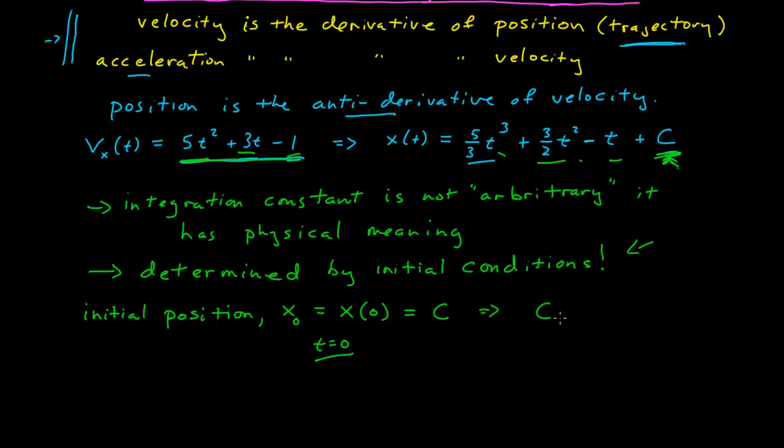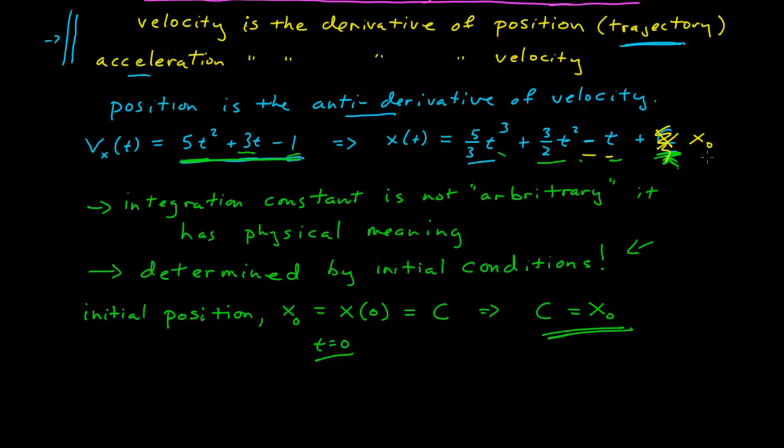Therefore, this constant is not arbitrary, it is the initial position. And so that's how we found out what c is. Our final answer then is 5/3 t cubed plus 3/2 t squared minus t plus x naught, our initial position.